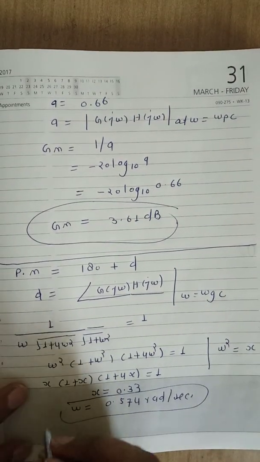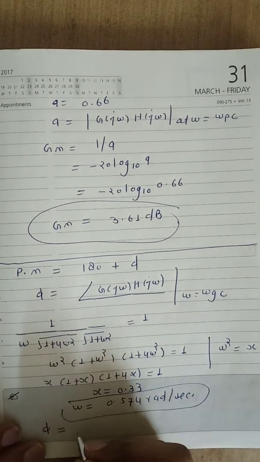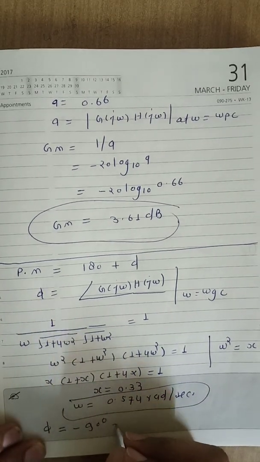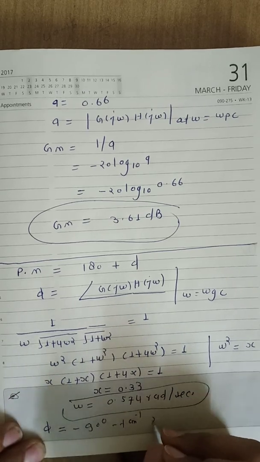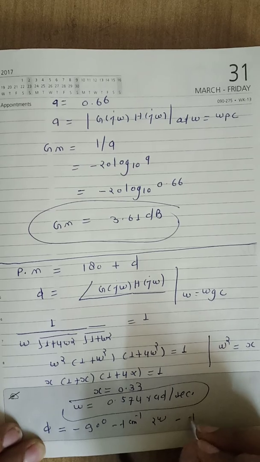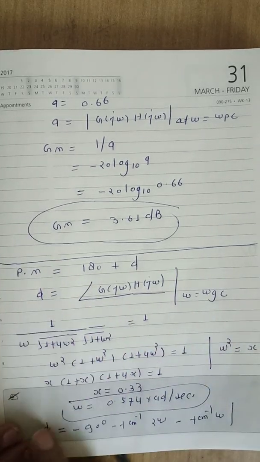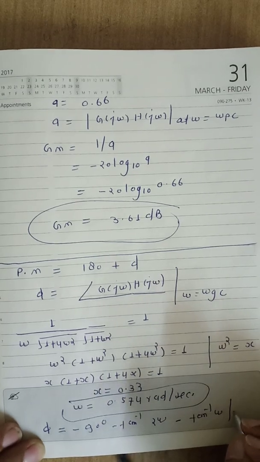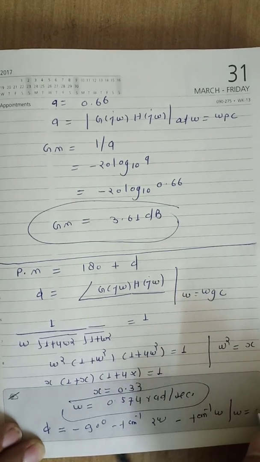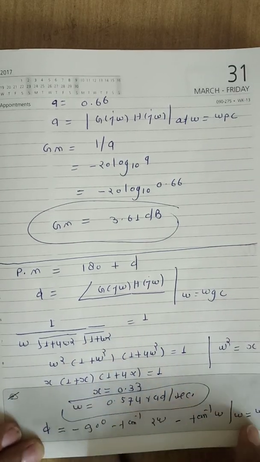Now define phi. Phi already we calculated. It is minus 90 degree minus tan inverse 2 omega minus tan inverse omega. Let us calculate phase angle at omega equal to omega GC, means omega equal to 0.574 radian per second.